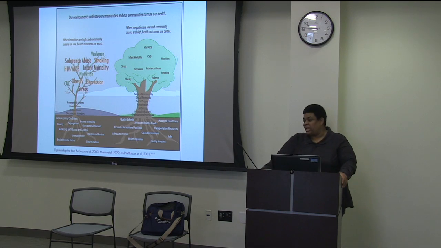And we talk about a living wage, or even if you do the math on a living wage, thinking about a city like Nashville where your rent might be $1,200, even a living wage seems like it's not really enough for people to live off of. But where assets are high, there's access to health insurance, it's a clean environment, there's quality, affordable housing, there's access to health care, there are jobs, there are transportation resources.